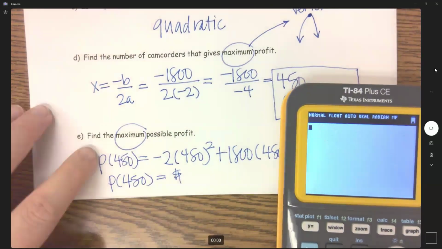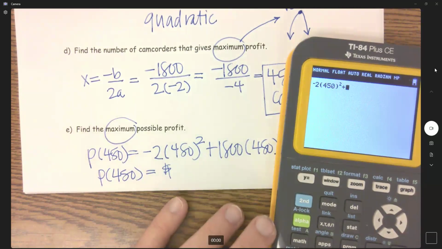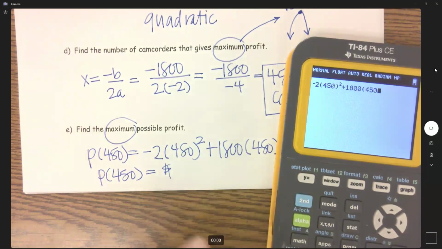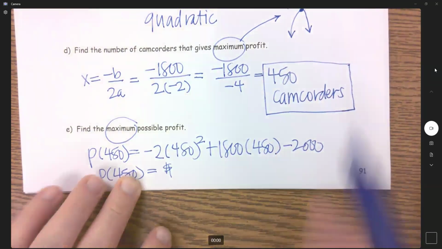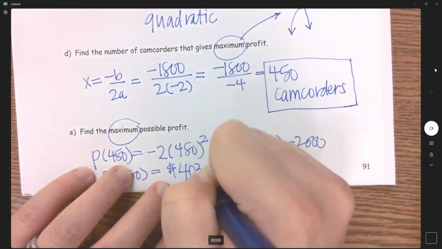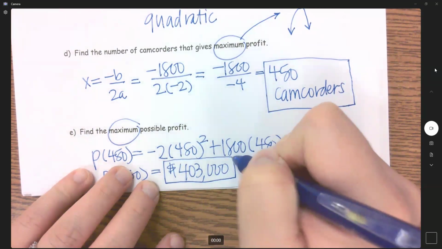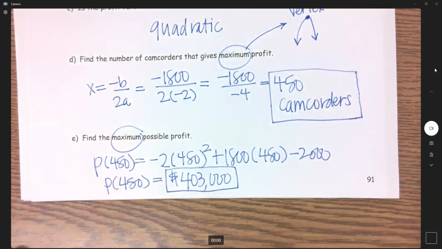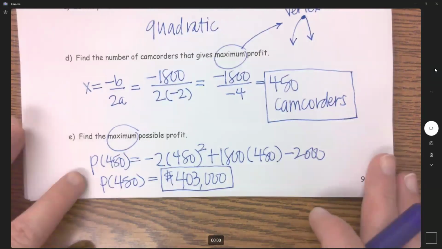And now I'm going to type this in here. And we get $403,000. So if we sell exactly 450 camcorders, we're going to make our maximum profit of this right here.